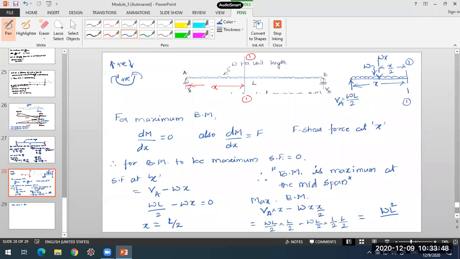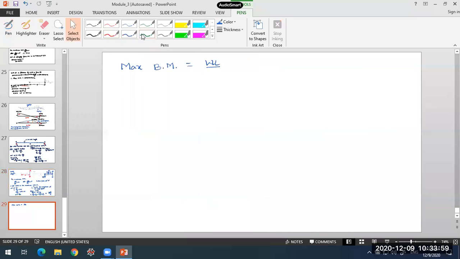WL square by 8. Is it right? Yes, calculation. So this is WL square by 8. This is the maximum bending moment in a simply supported beam, and the value is WL square by 8.